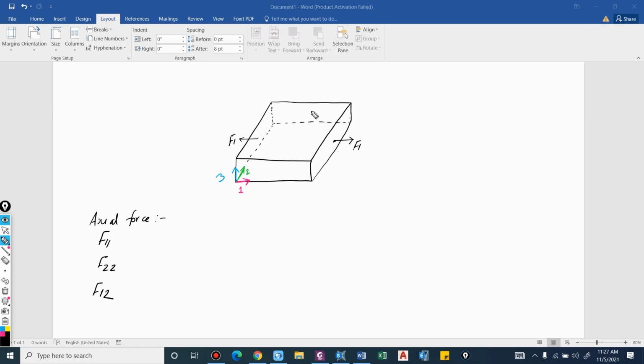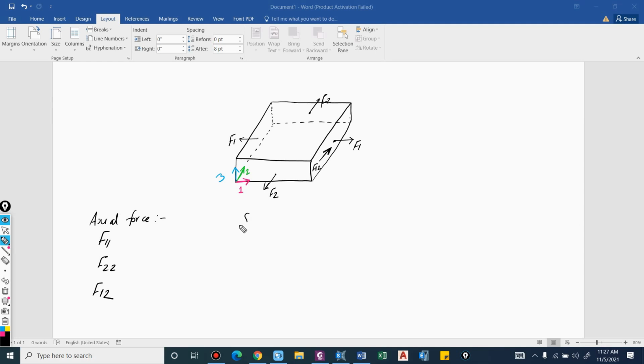Similarly along axis 2 it will be F2, and in this direction it will be negative or in the opposite direction, so this will be F2. So axial forces F11 and F22 are the forces that act along the axes respectively, and F12 is also known as the shear plane force, the force that acts on the shear plane.